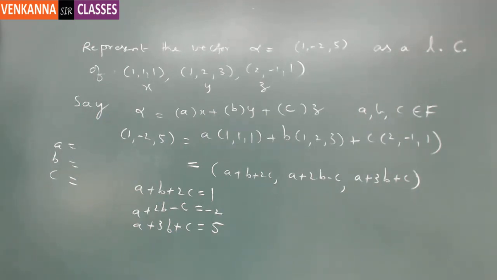If you say that minus 6, 3, 2, those values must be satisfied by all three equations, not by a single equation. Can you say that these values are satisfied by all three equations? Check on that.